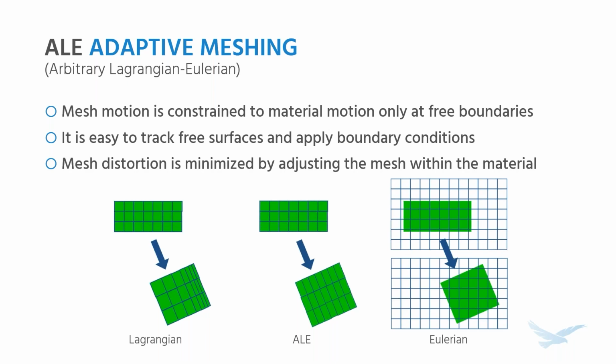But on the inside of the part, we are going to allow the mesh to adjust itself. You can see in that middle image, we're starting with square elements, and in the end, we're ending up with rectangular elements. So they are deforming, but they aren't deforming nearly as much as in the Lagrangian case on the left. We're allowing the nodes and elements to adjust themselves and prevent getting extreme deformations and extreme distortions, which should help to improve our accuracy.